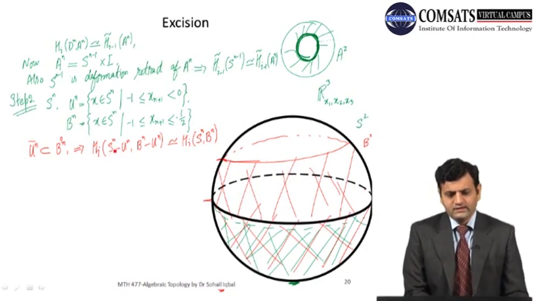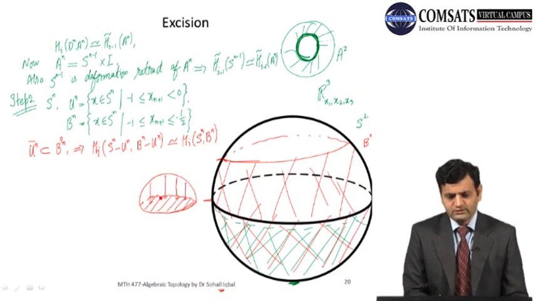Now this Sn minus Un: if I take this Un from this Sn, once again considering the two-dimensional case, I have this upper hemisphere, and when we take out this U, the circle on the xy plane will still be included, and because the inequality is strictly less than 0, we can define a map from the points of this S2 to this disk in R2.